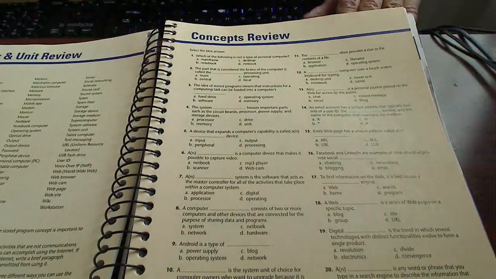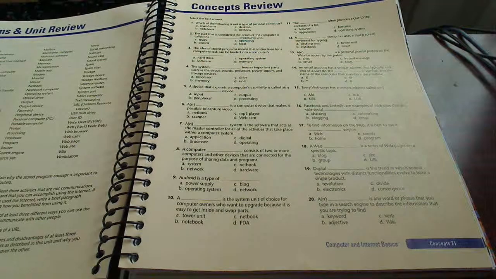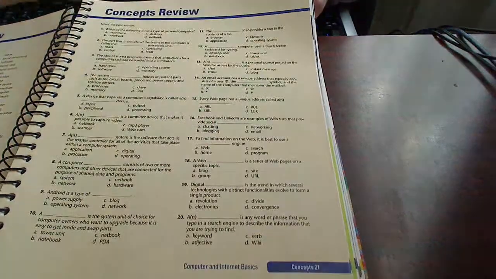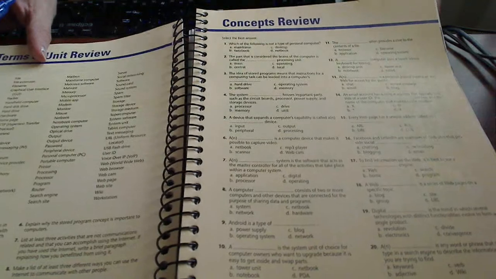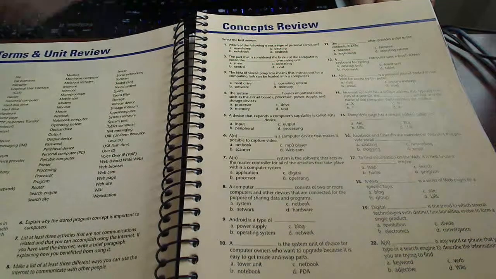Here is the reading part. And now I'm skipping over several pages. And then you notice that I come down to Computer Concepts. This is Concepts page 20. This is Concepts page 21. You may not have seen where page 20 was. You have key terms and units. You have a unit review.